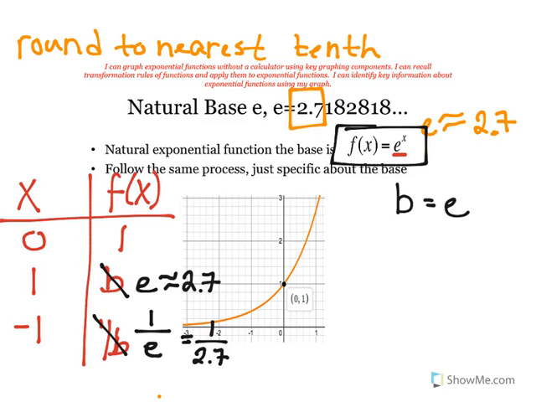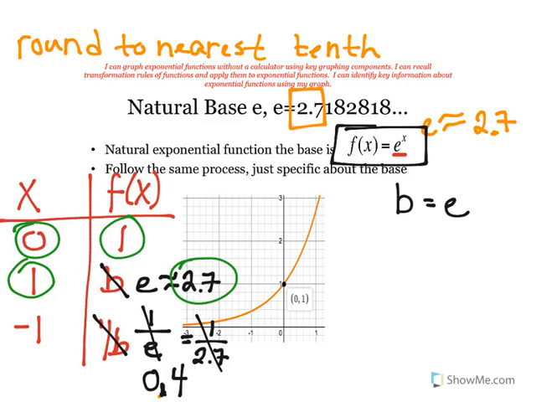Okay? You are going to have to remember that. 1 divided by 2.7 is going to be rounded to the nearest tenth, 0.4. So there are your big 3 coordinate points. Okay? (0, 1), (1, 2.7), and (-1, 0.4).